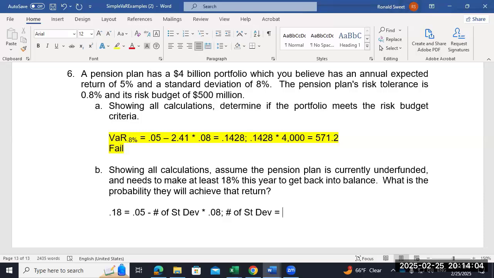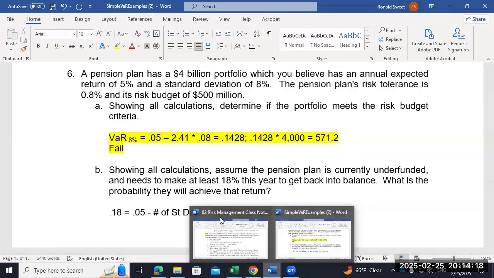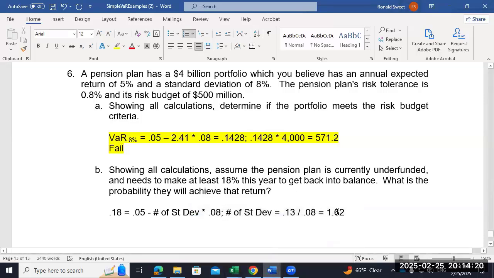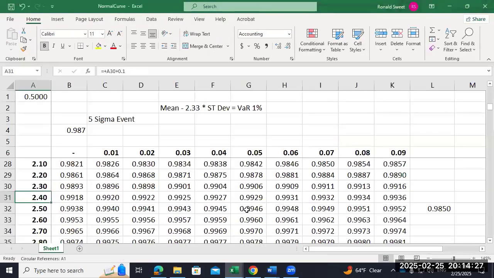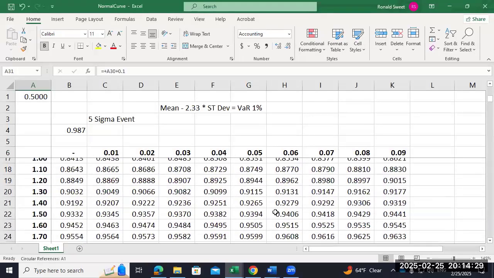So 0.13 divided by 0.08. 1.6263. Is it 62 or 63? Round up to 1.63. I don't know if rounding up is what you want to do here, but you could. Now, where are we looking for the 1.63?